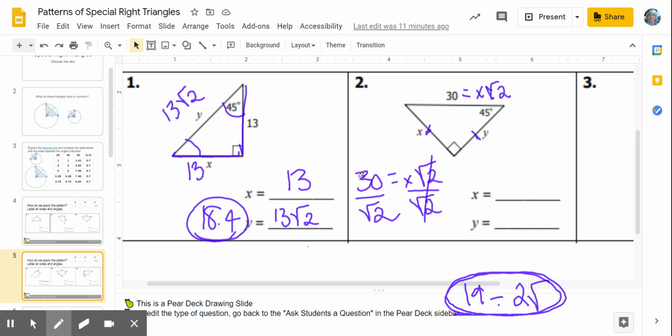This is my opportunity to check. 30 divided by square root. Hey, that worked. William, I love it. You got all my hacks. 21.2. So we go back here and double check that it works. 30 divided by the square root of 2, 21.2. And those should be the same, right?